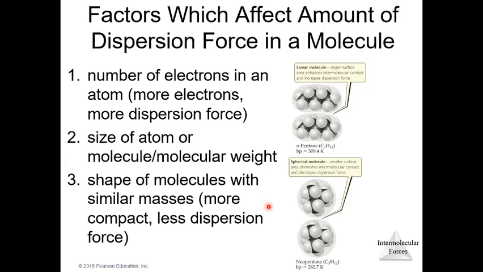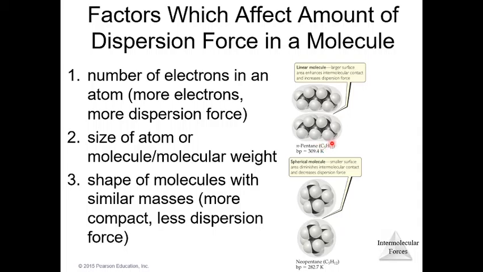The last thing is the shape of your molecule. If you have molecules with similar masses, the shape will have a big impact. And this is what I'm showing here on the right. What I have above here is normal pentane, where I have carbons all in a line. Here I have neopentane, where I have a carbon in the middle. He's surrounded by 4 other carbons, and then the hydrogens are outside of that.